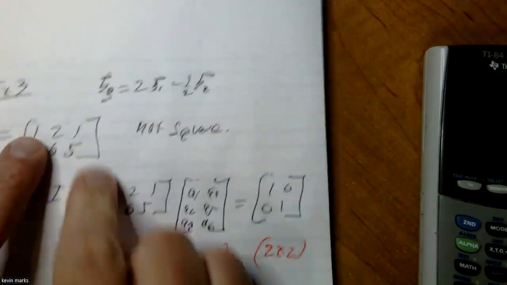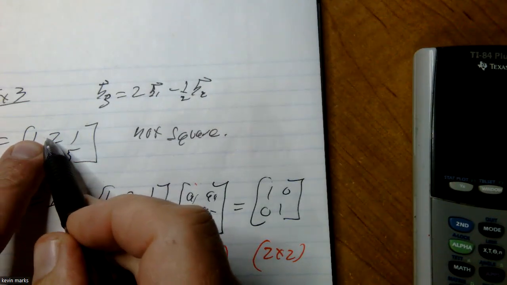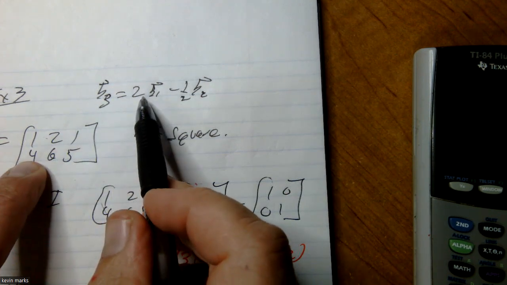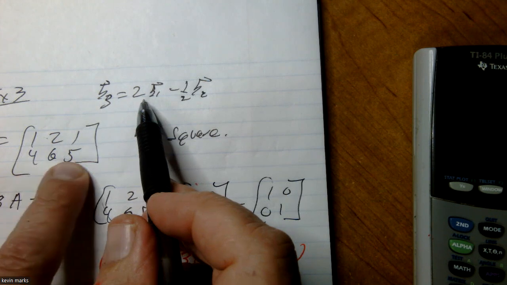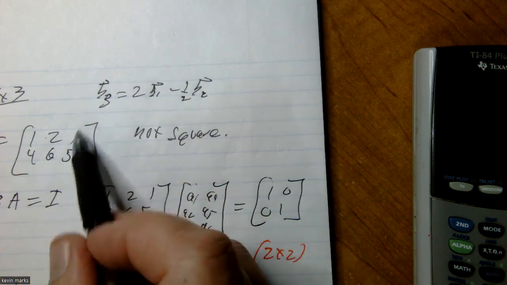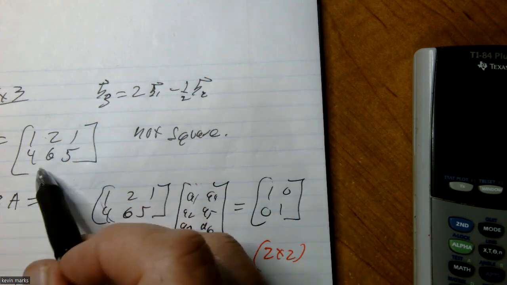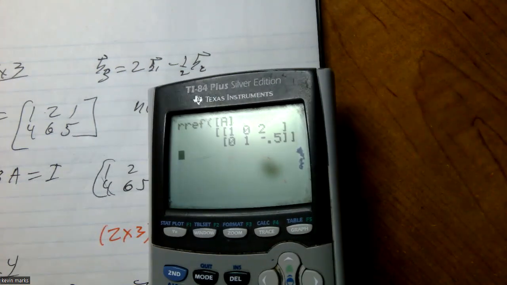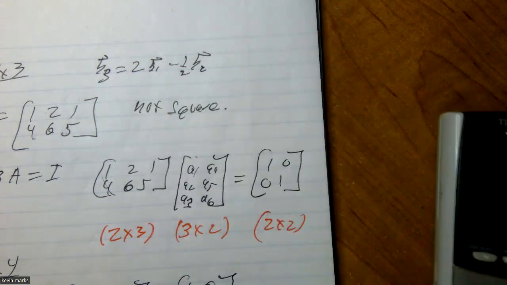Check that out. If I take two of these, minus a half of these, that's 1. If I take two of these, 8, and get rid of half of that, 3. That's 5. So this one is already a linear combination of those two. That's why it happens to be the non-pivot.